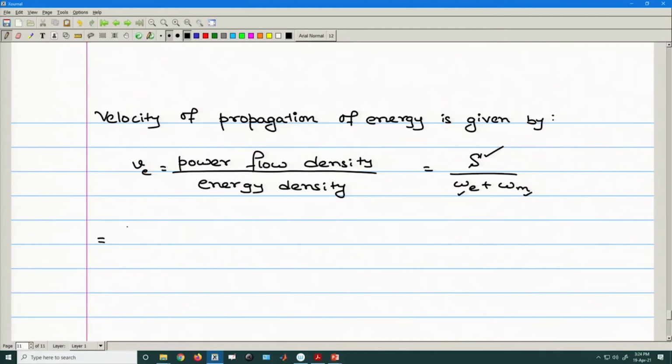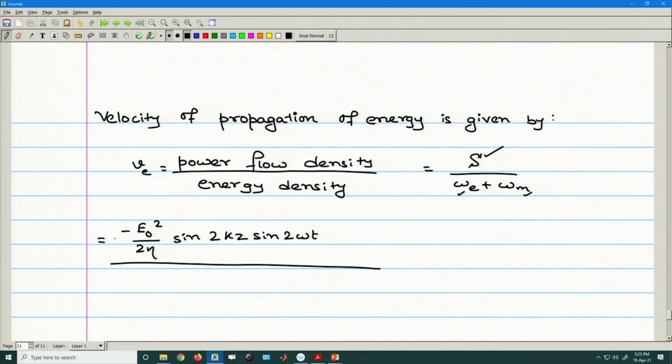That is equal to, so S we got minus of E naught square by 2 eta sine of 2 kz sine of 2 omega t, right, divided by epsilon E naught square, that is WE.